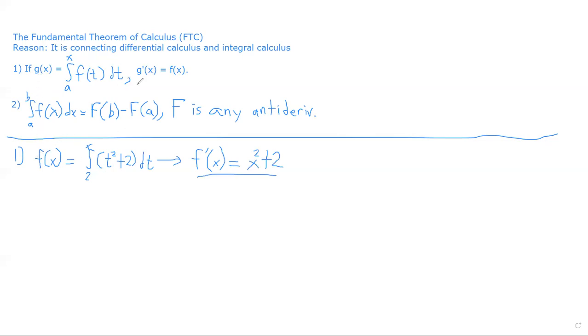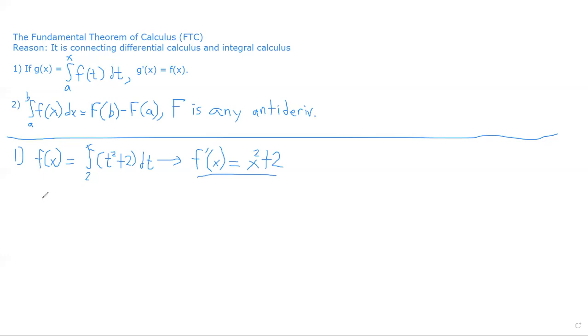Then g prime of x is just equal to f of x, where we swap out the t with x. And before I continue, bear in mind that as long as a is any constant here, this works. If it's 0, 1, 2, 3, 4, then f prime of x will always equal x squared plus 2, as long as this was in the lower part of the integral.